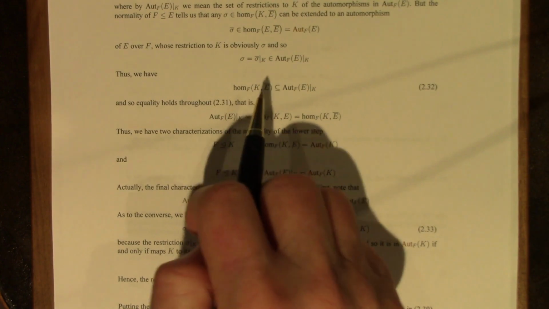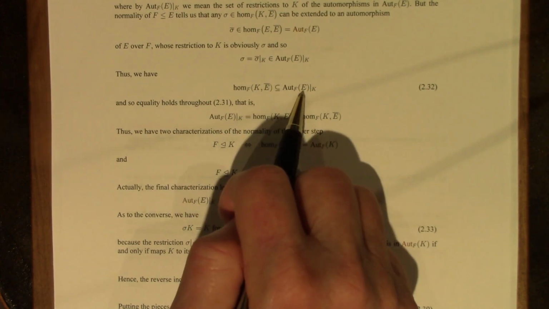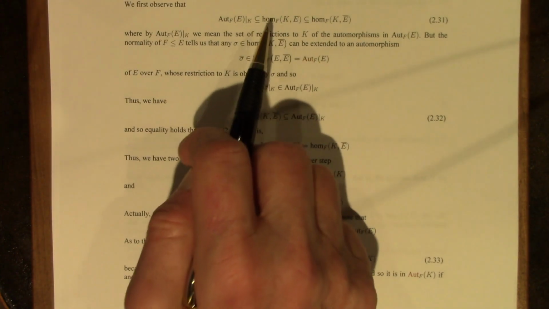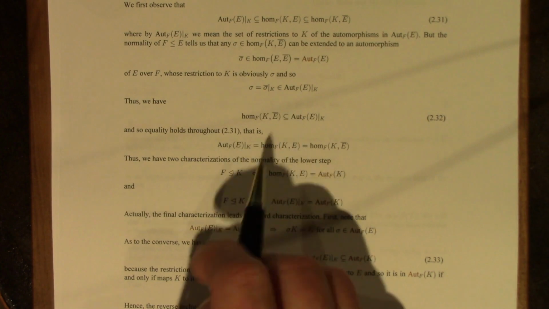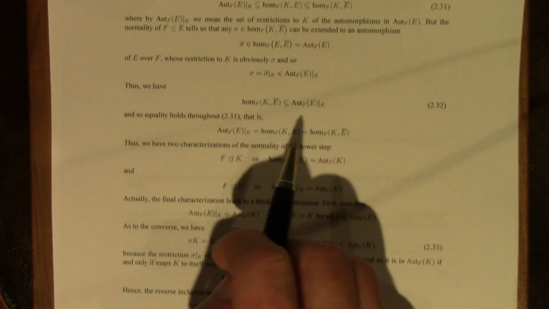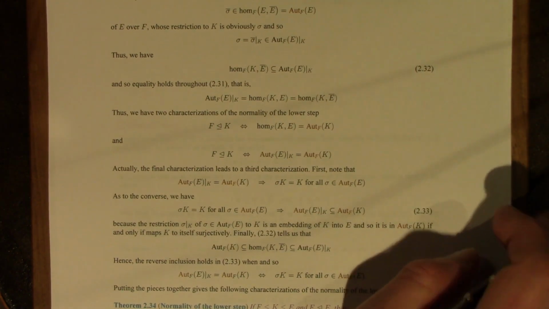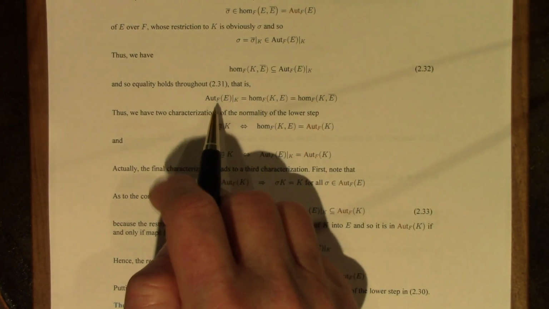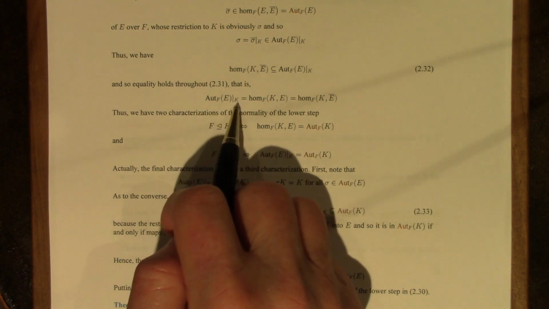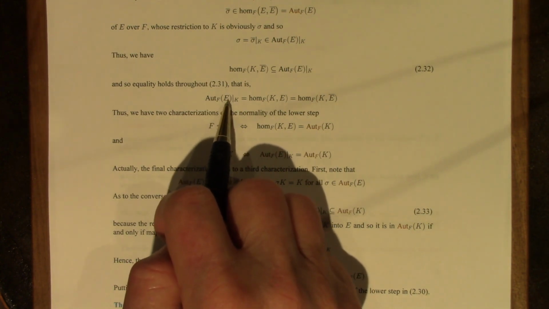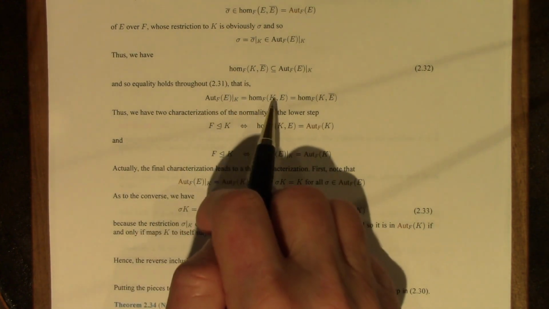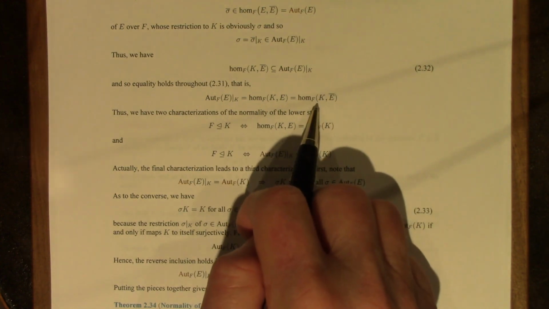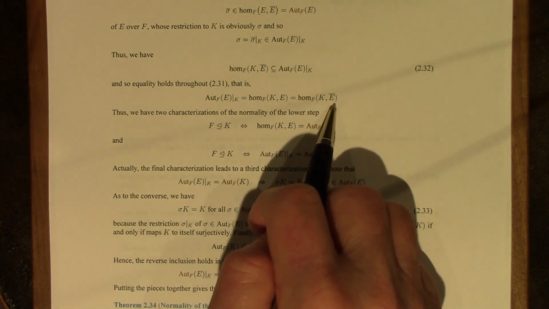So we have, in fact, this inclusion, and when you compare this to this one, you see we must have equality throughout. So the normality of the full extension, never mind the lower step, tells us that the restriction to K of the automorphisms of E over F are the embeddings of K into E, and that's the same as the embeddings of K into E bar.